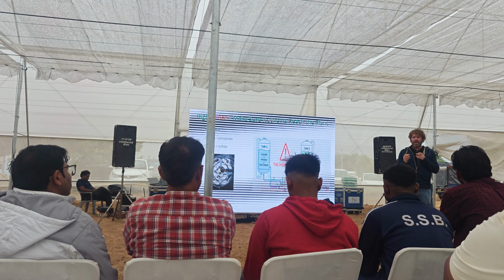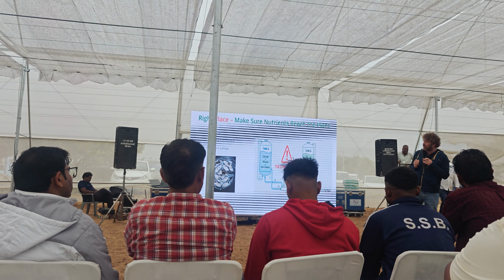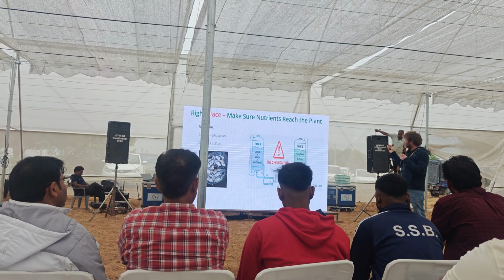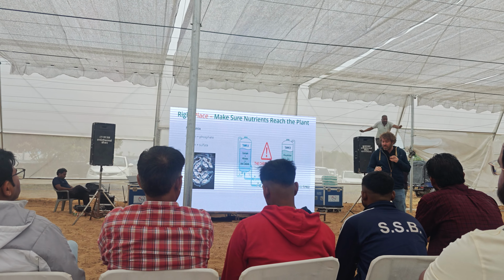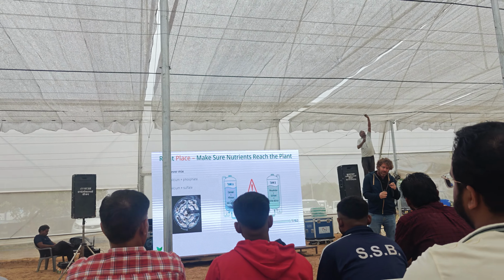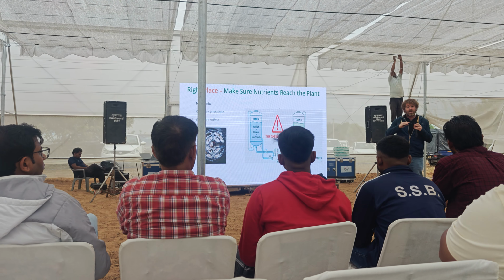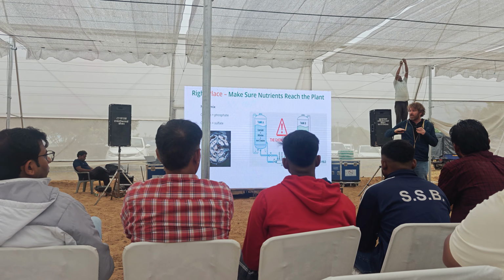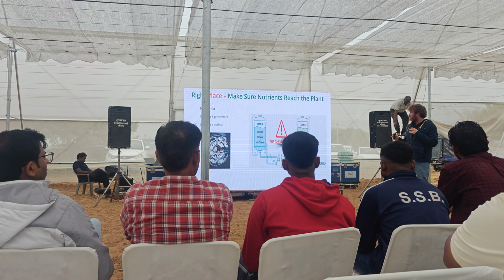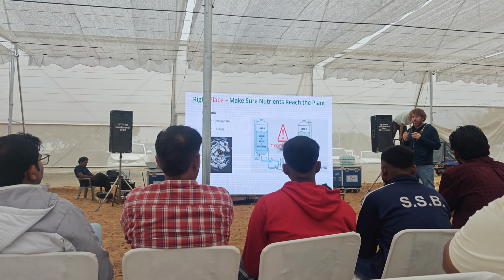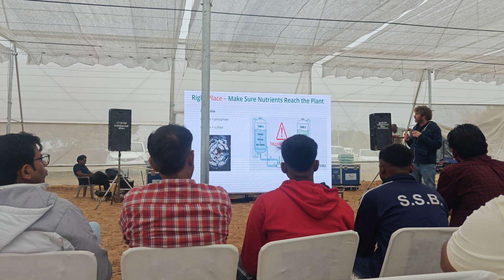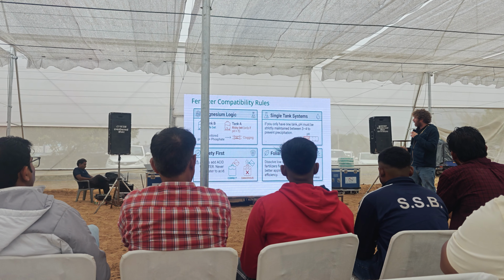Sometimes when you accidentally mix phosphate and sulfates with calcium, suddenly you see that at the beginning of the drip line the plants look good, and at the end of the drip line they look worse. It's not consistent, okay? So we need to be sure that we are mixing the fertilizers correctly and doing it in the right way.